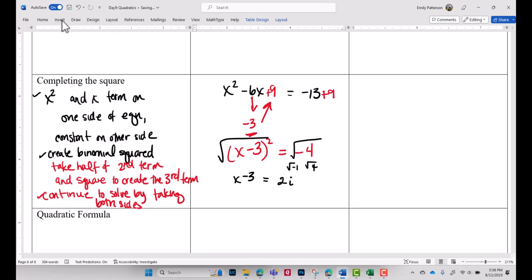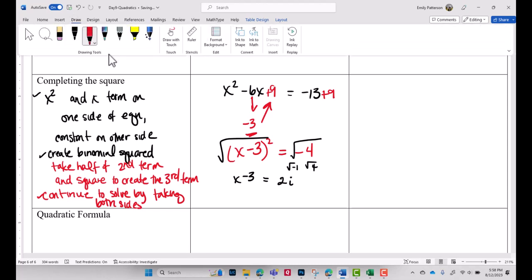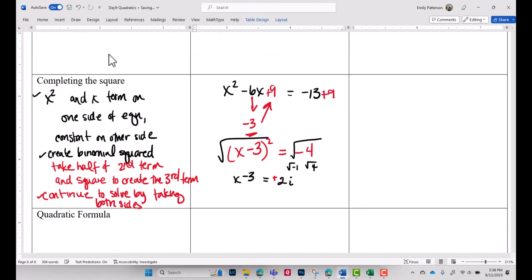The other thing to remember is that when we take the square root of both sides, it is representing both the positive and the negative value. So when we do completing the square, we have to take the square root of both sides, but the answer represents the positive and negative value of the 2i. So then continuing to solve, isolating x, we're going to add the 3 to both sides.